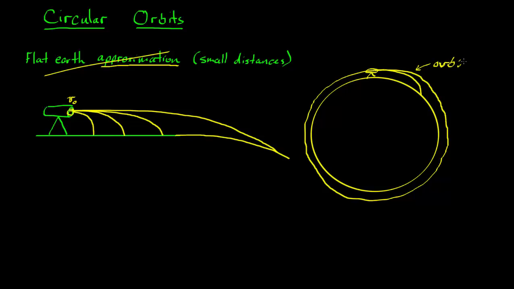It's weird to think about because a circular orbit is just free fall. It's just falling around the Earth in a circle. And in free fall, we know that the acceleration is due to the force of gravity, so the acceleration is g.